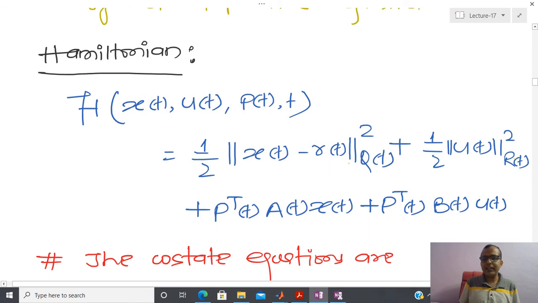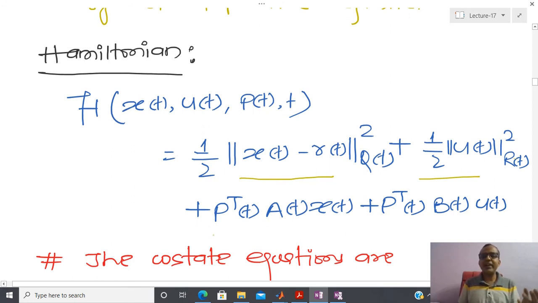Whenever we define the Hamiltonian function, I hope you have become mature enough to know that whatever quantity is inside the integral, I am going to take that, these two quantities, half (x(t) minus r(t)) squared Q(t), and now you are already well aware of this particular symbol, and this quantity I have to take from the integral. And after that I have to define some kind of constant, or you can say a Lagrange multiplier, and the dimension of this is the same as the dimension of the state.